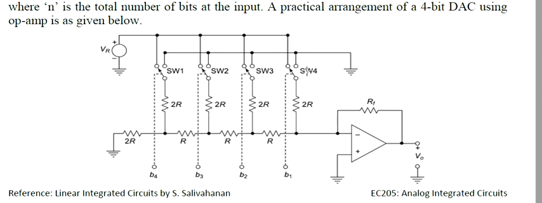Each switch is connected to ground and also to a reference voltage VR. If the bit is 0, the switch is connected to ground. If the bit is 1, the switch is connected to VR. This is the circuit diagram of the 4-bit R-2R DAC.